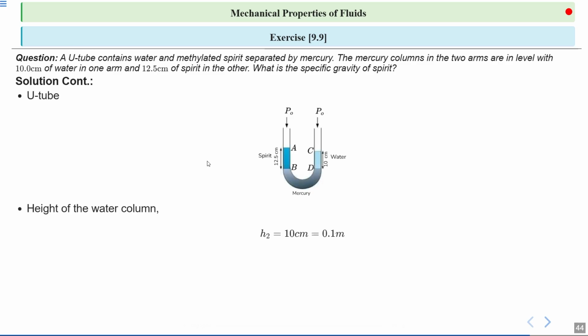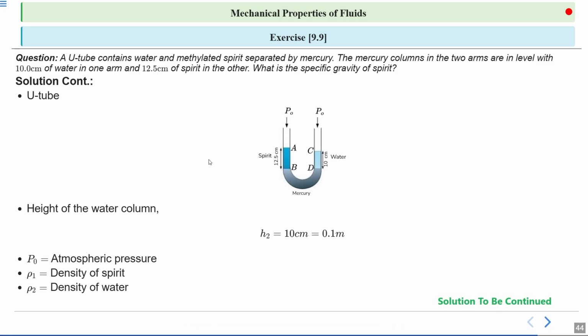The height of the water column is given as 10 centimeter, which we convert to meters for SI units. So 10 centimeter equal to 0.1 meters. P naught is equal to atmospheric pressure and rho 1 is equal to density of spirit. Rho 2 equal to density of water.